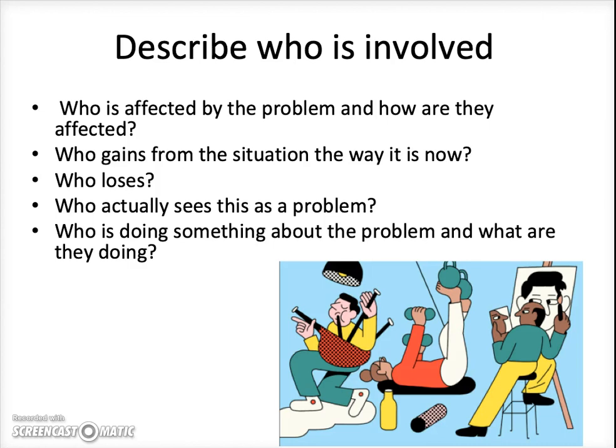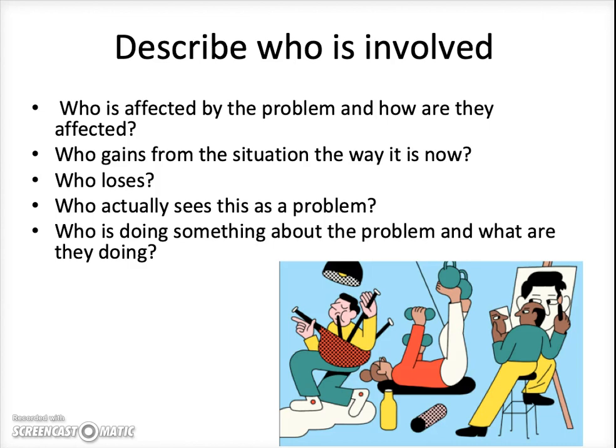So when you've chosen an organization, you'll need to ask yourself the following questions. Who is affected by the problem that they are addressing, and how are they affected? So we can go back to Chris Adaki in Contact. The members of his community were physically and mentally not doing well health-wise, right? They were young people who were not as healthy as they could have been, and they were part of his community.